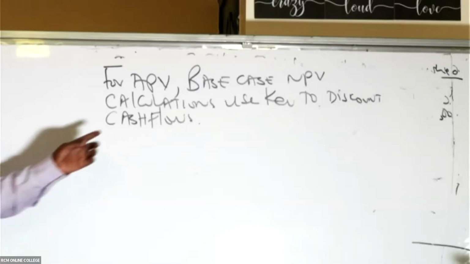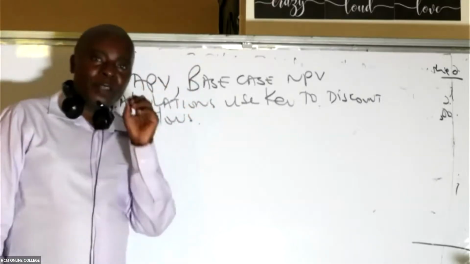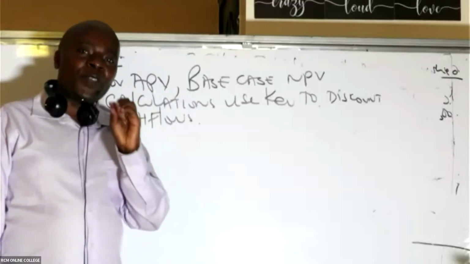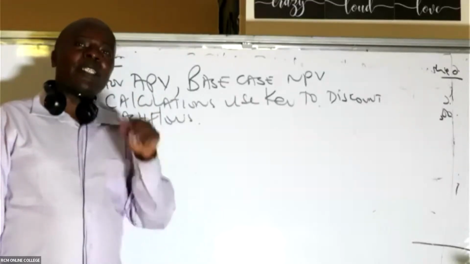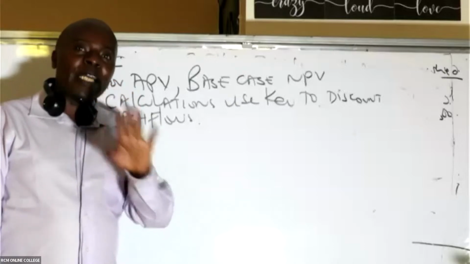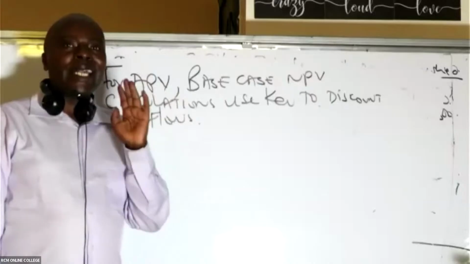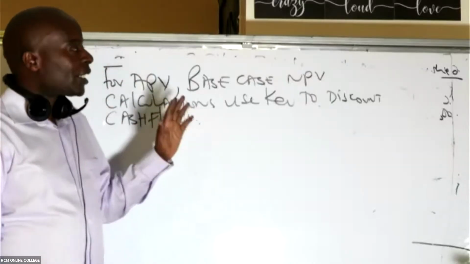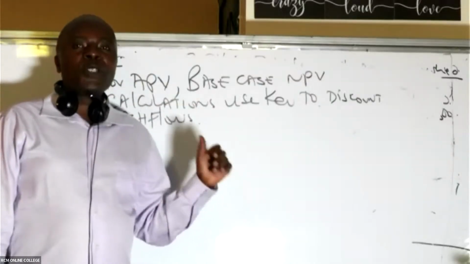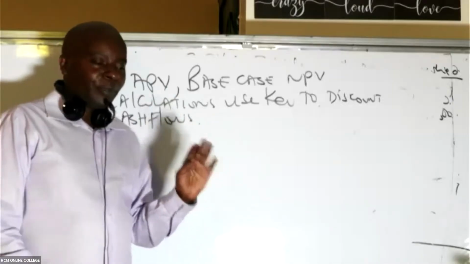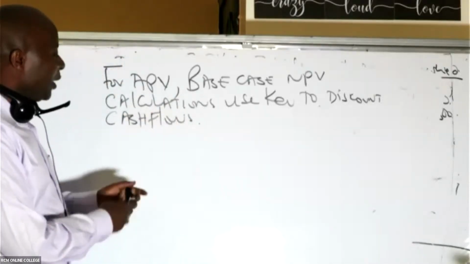So remember we've said that for base case NPV, we shall assume that this company is debt-free, financed through equity. And if it's debt-free, then its cash flows will be discounted using KU. So to get this KU, what do we do?